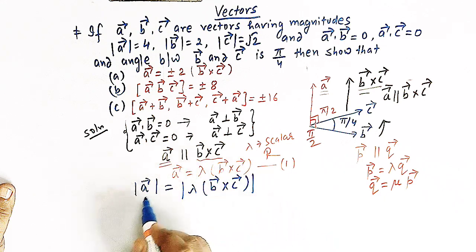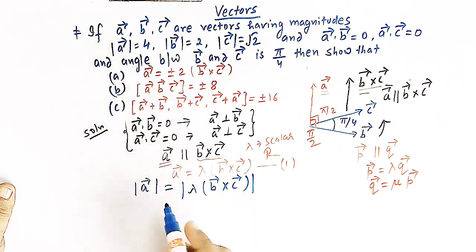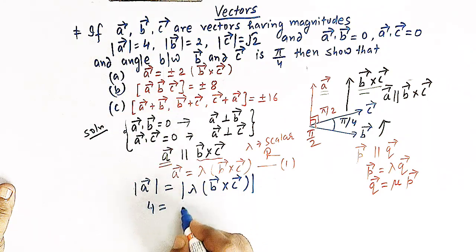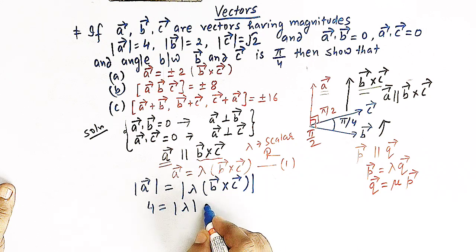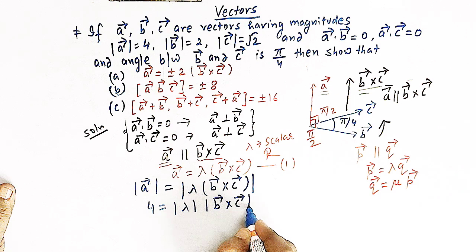The magnitude of vector A is 4, and here we can write the magnitude of lambda, and then the magnitude of B cross C.